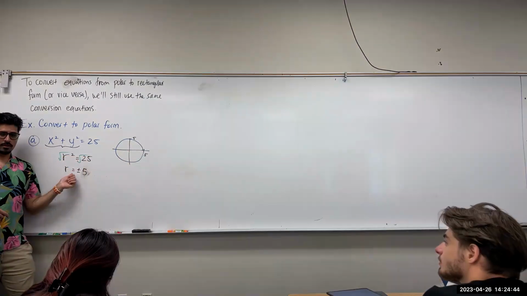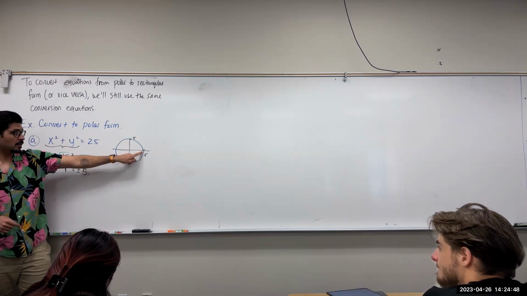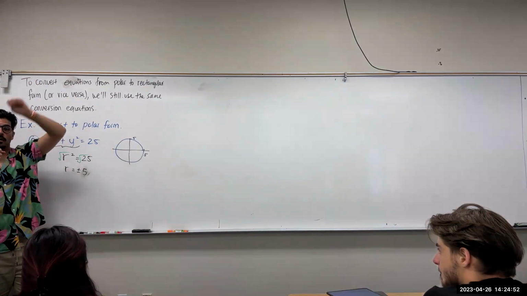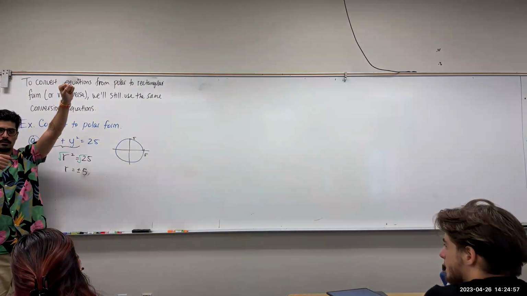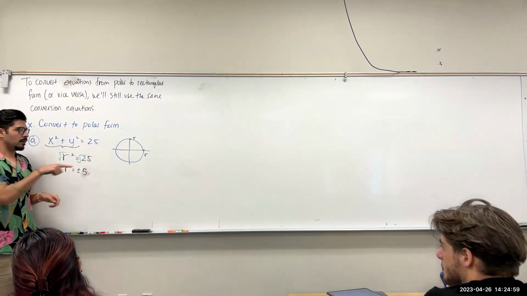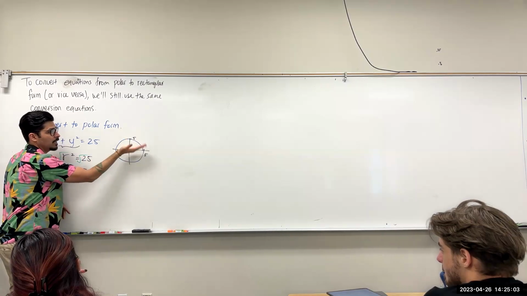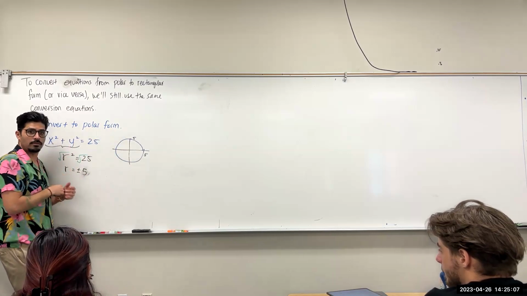Does this equation use any thetas? No, but that's okay, because no matter what theta I choose, those points are always 5 units away from the origin. Can you see that? Right, so your arrow is always going to be 5 units long, and no matter where I rotate it, it's always going to include points on the circle, because they're all 5 units away from the origin.